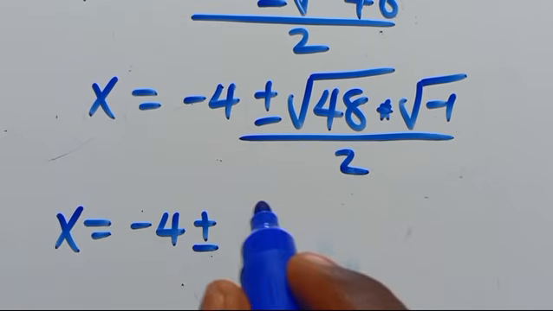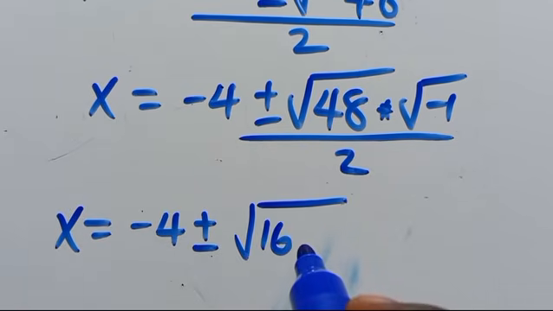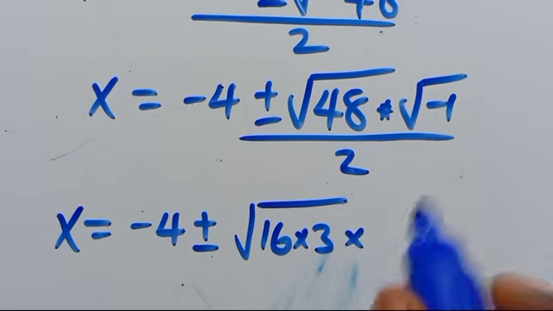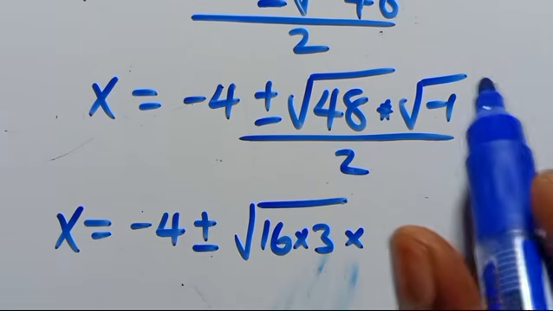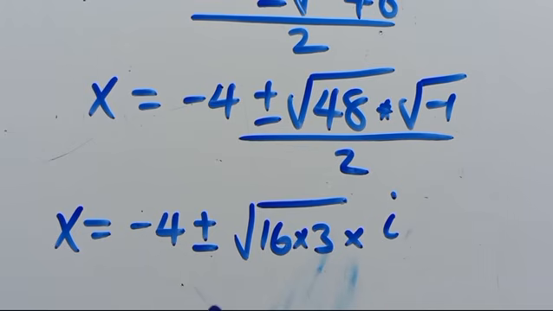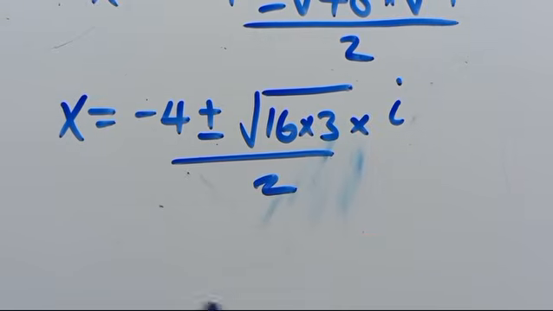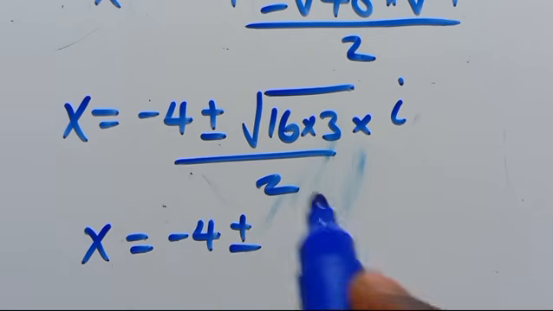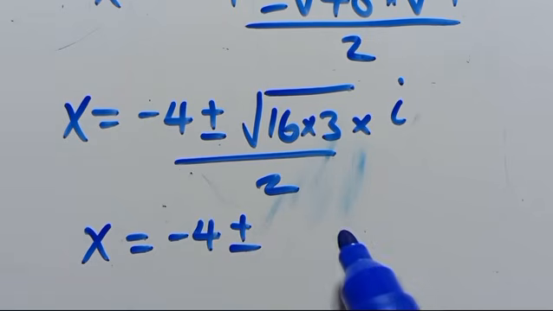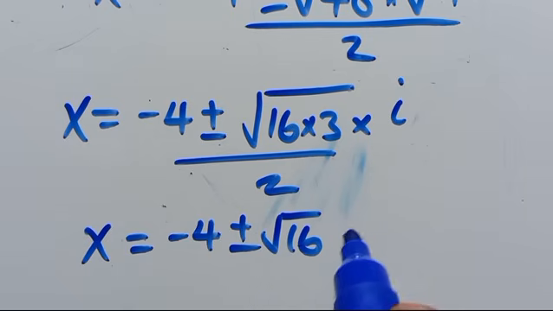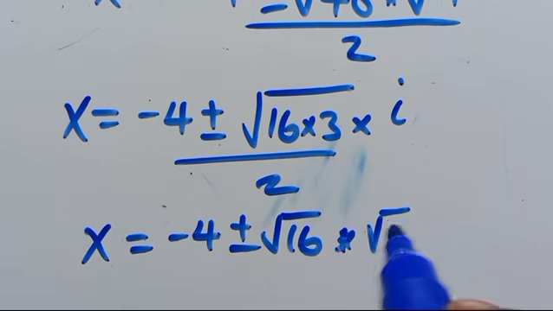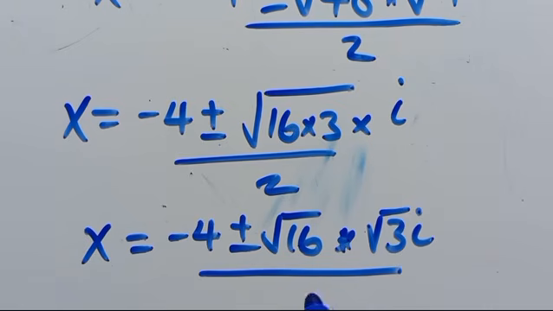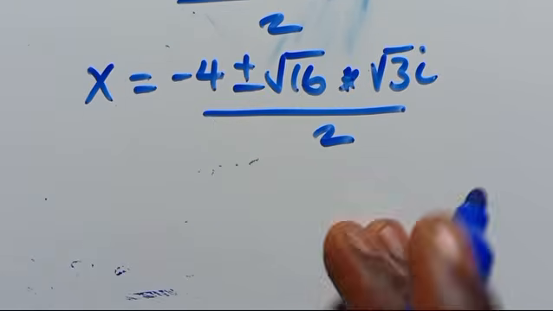So we have 16 times 3. This root of minus 1 equals i, over 2. We have x equals minus 4, positive or negative, 16 times root 3i over 2.